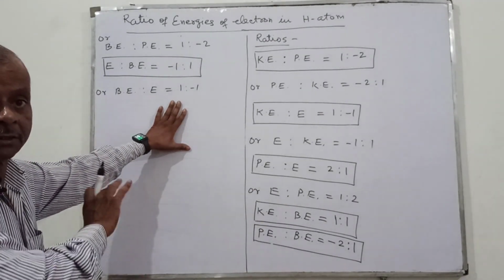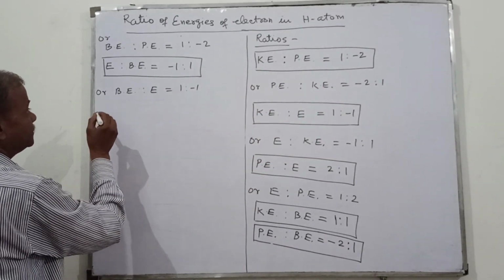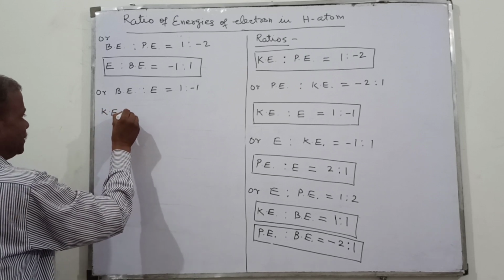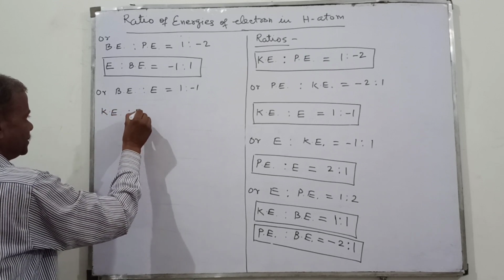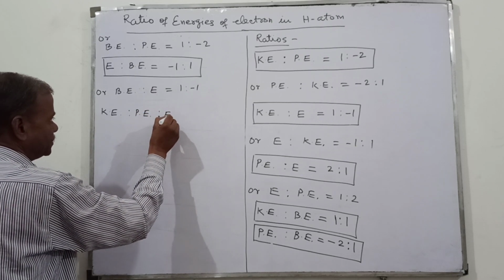Now we take the ratio of three of these energies. Suppose I take kinetic energy ratio potential energy ratio total energy.